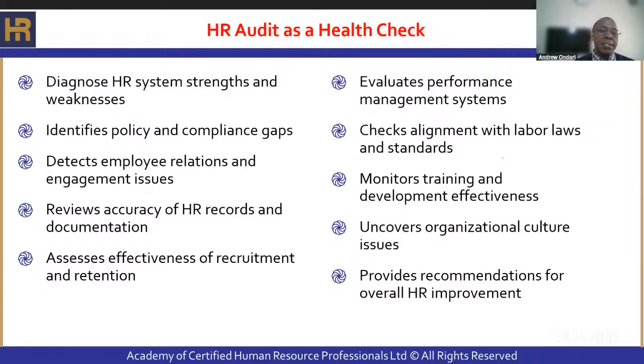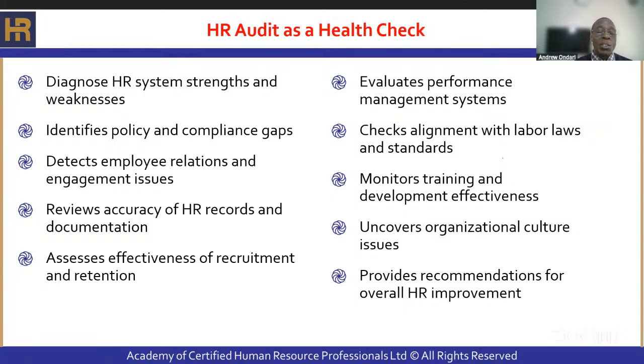Another health check is the accuracy of our records. Inaccurate records are those that have errors, which may lead to poor decision making, or they are not based on facts. In an environment where our decisions are data driven, we cannot afford to have inaccurate records.